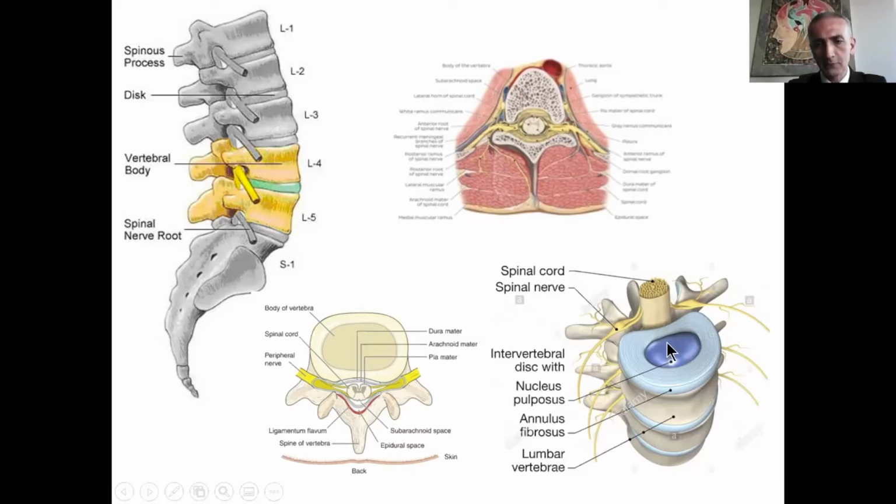The nucleus is filled with water. 80% of the weight of the nucleus is water, and it is the part which enables movement. The disc is called a shock absorber. I'm sure you heard that elsewhere. This is the part which takes the shock to the body.